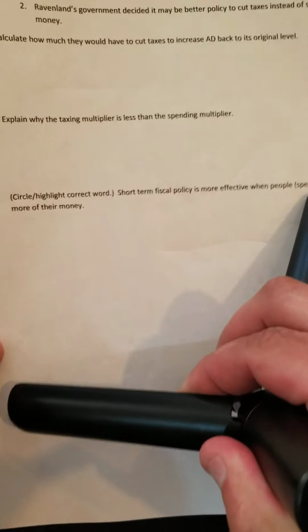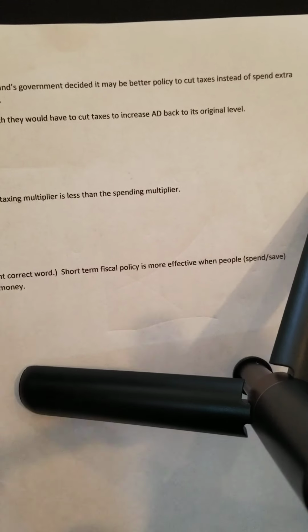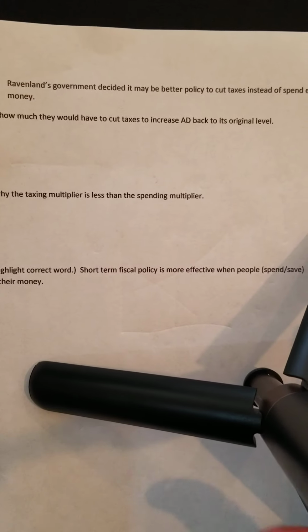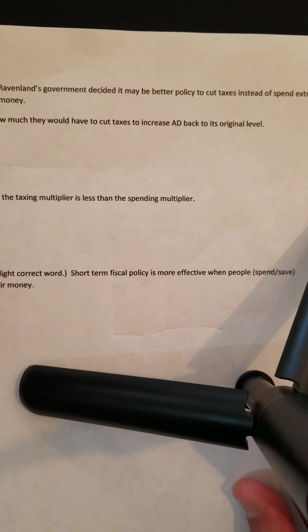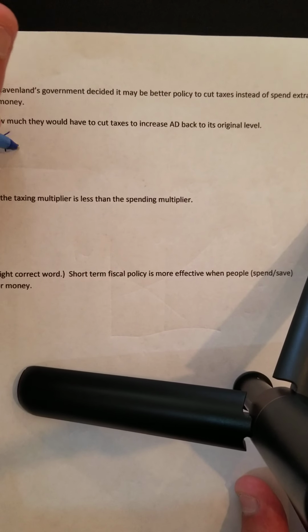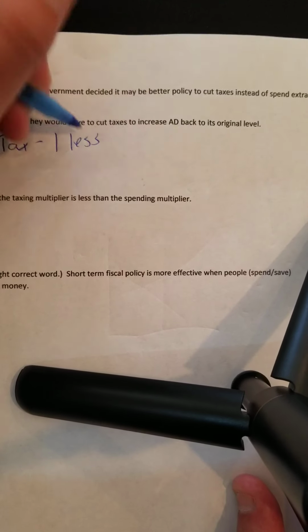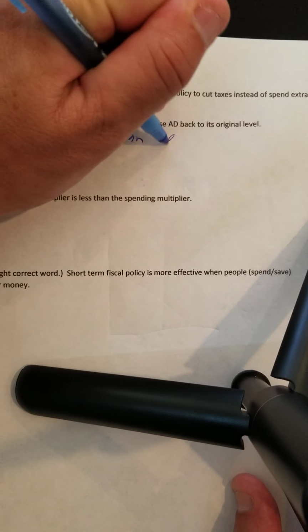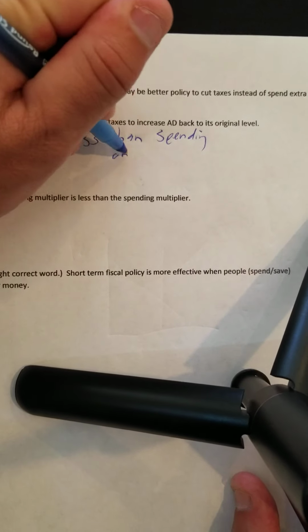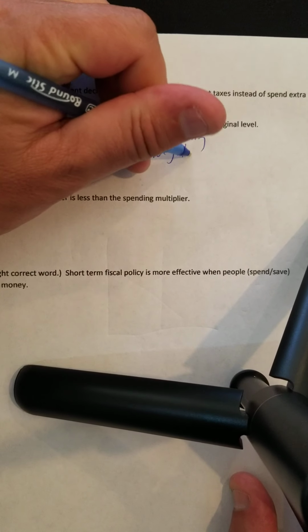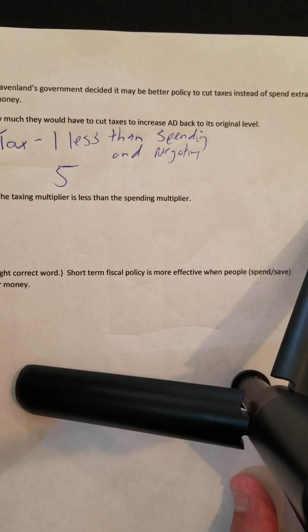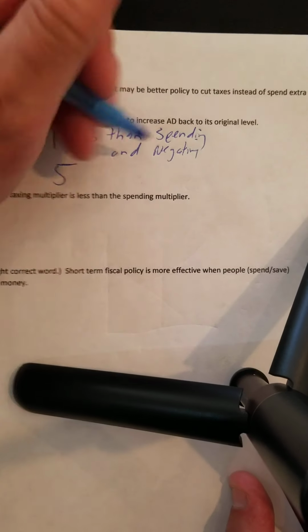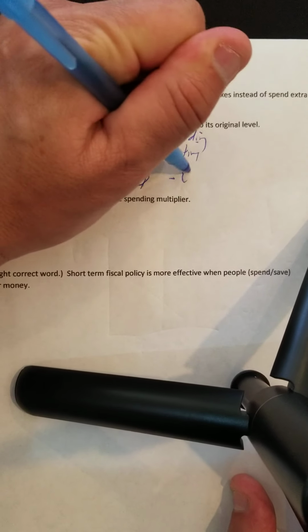Now we're going to move right along, and in this case, they decided that they would be better off taxing. This is a good time to review that our taxing multiplier is always 1 less than our spending multiplier, and negative. Our spending multiplier was 5, which means that our taxing multiplier is -4.